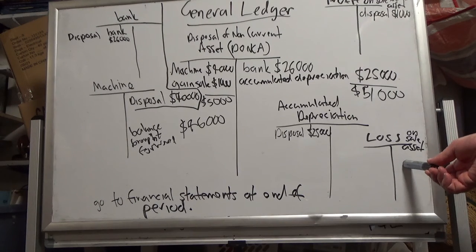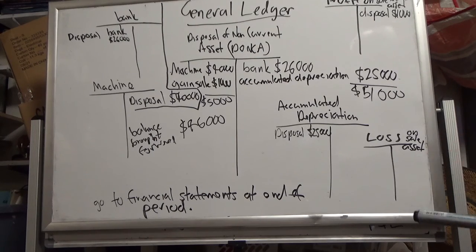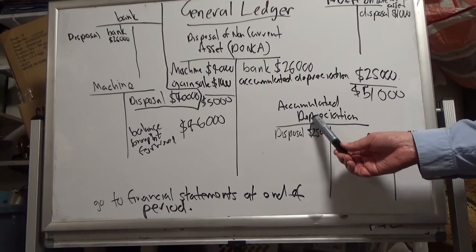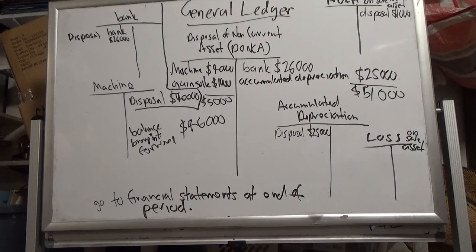If it was a loss, it would be non-operating expenses in the P&L. And total accumulated depreciation sits in the balance sheet just below historic costs. So historic costs less accumulated depreciation gives you written down value in the non-current assets in the balance sheet.